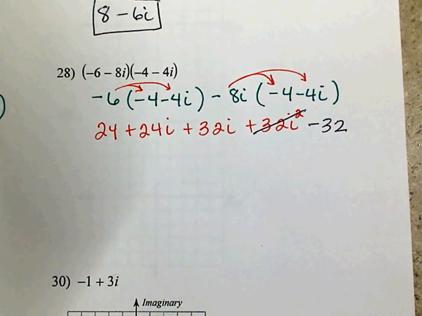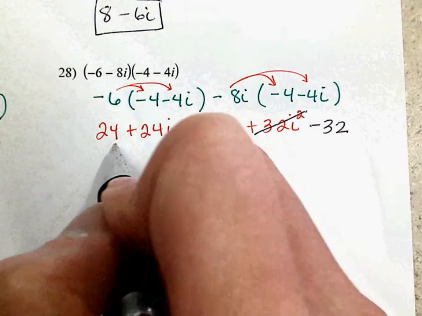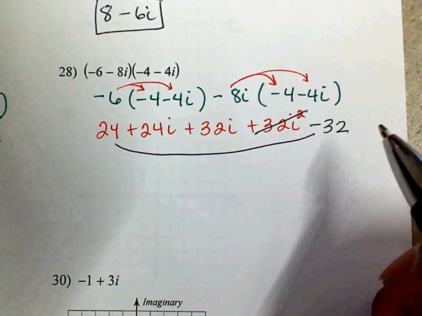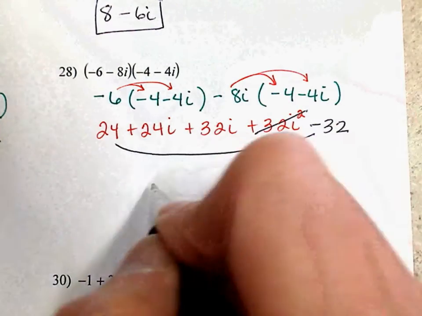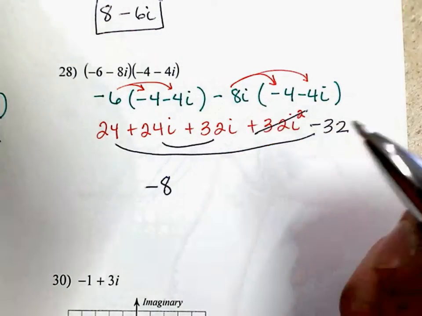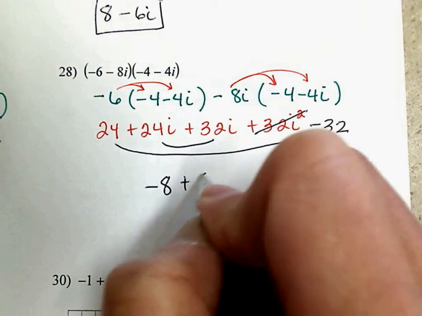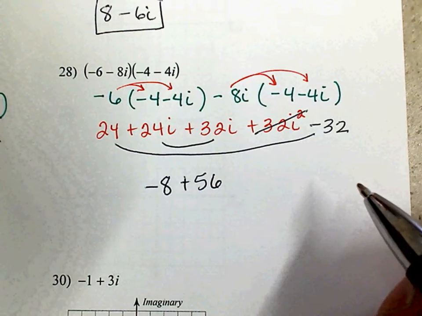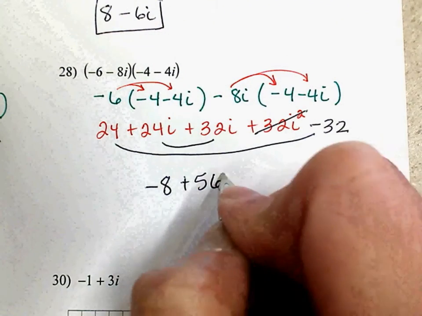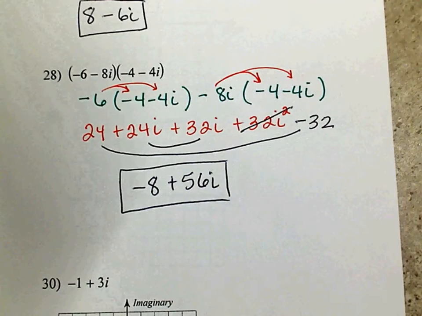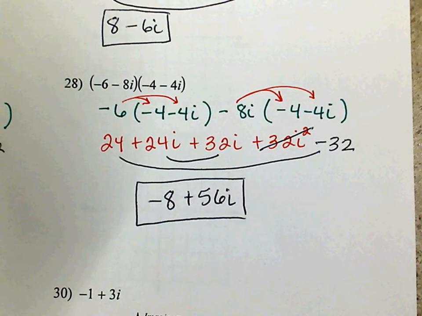Okay. So what is 24 minus 32? Negative 8. What is 24i plus 32i? 56i. Good job, guys. Okay.